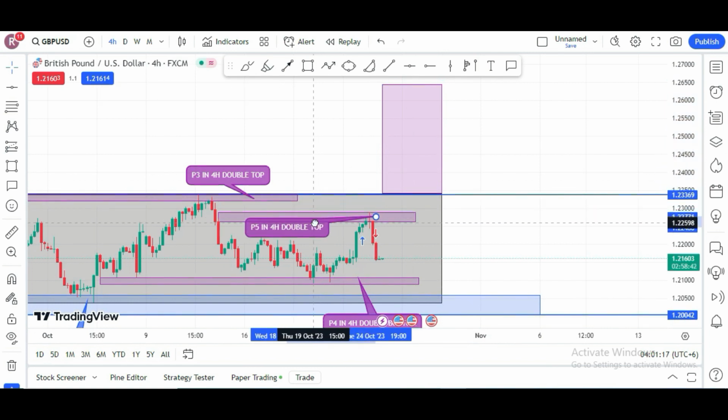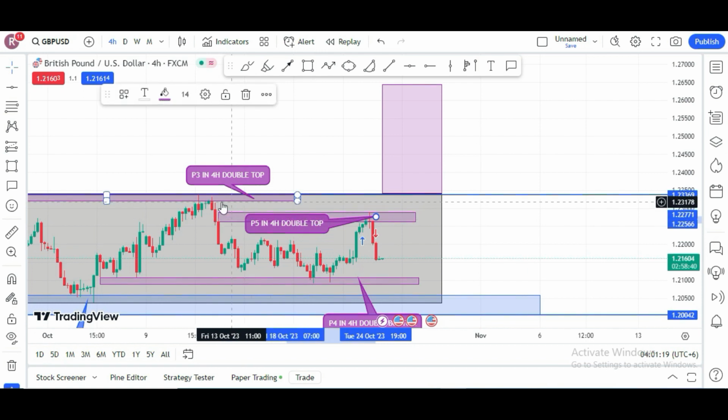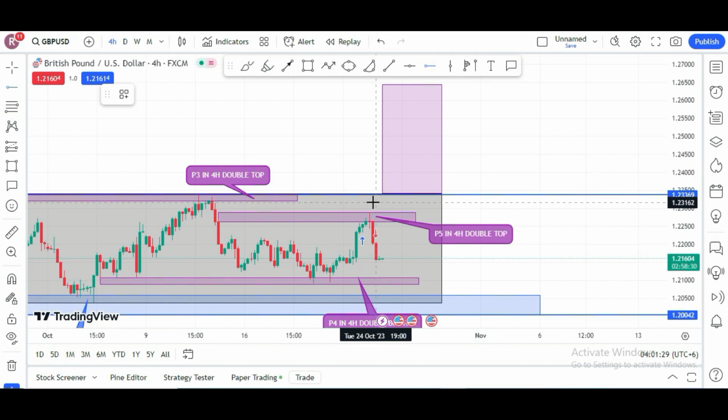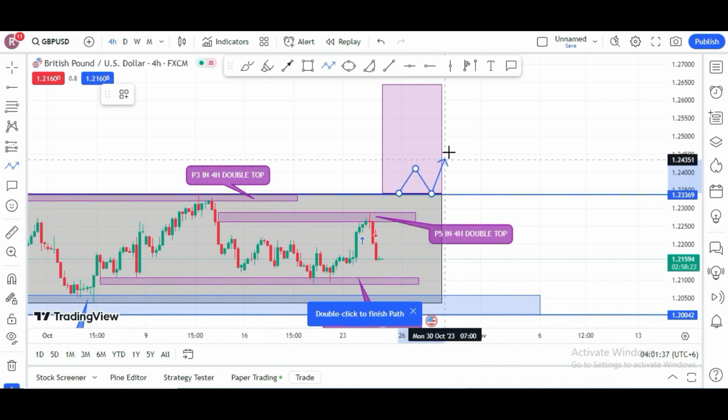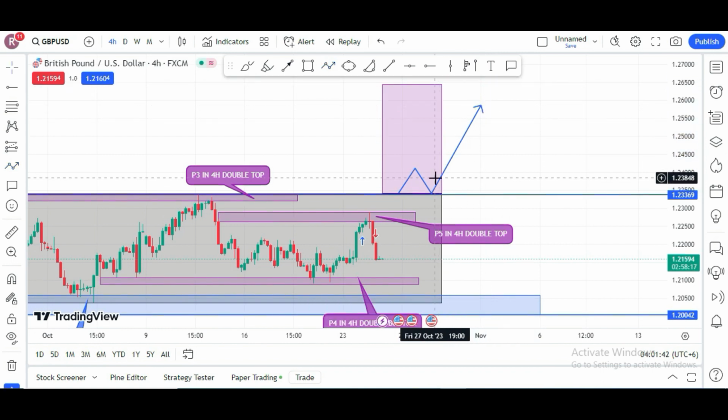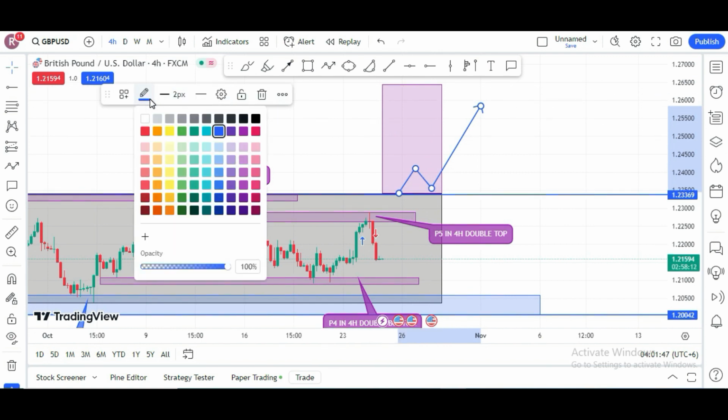Once it breaks this price range, let's put a mark there. If it breaks this one, it will do something like this, a little bit higher. Let's put it as a green one.